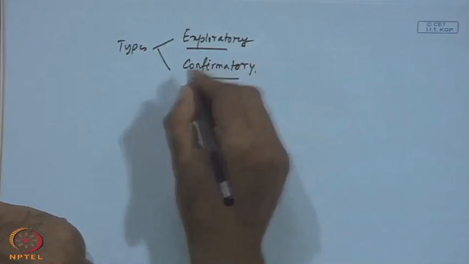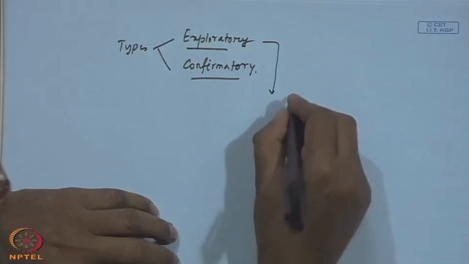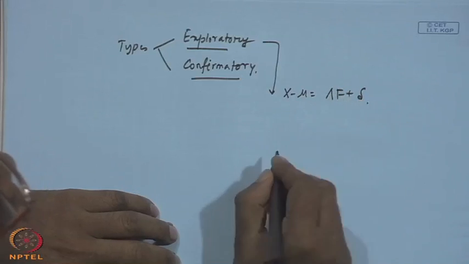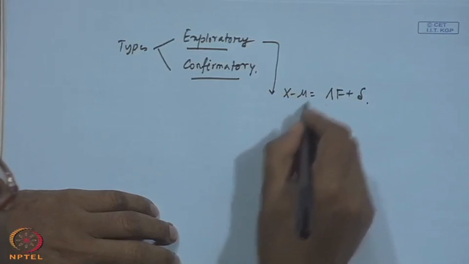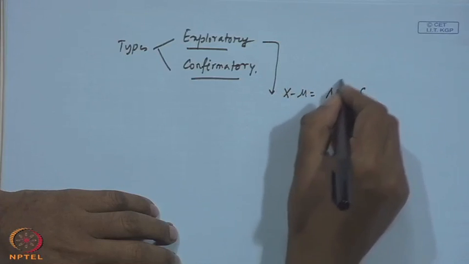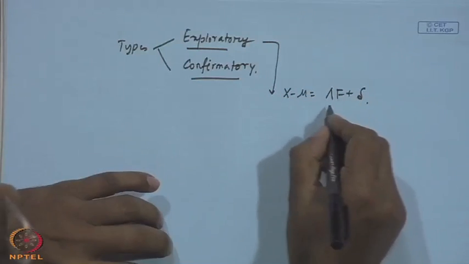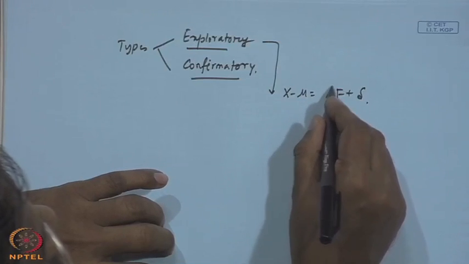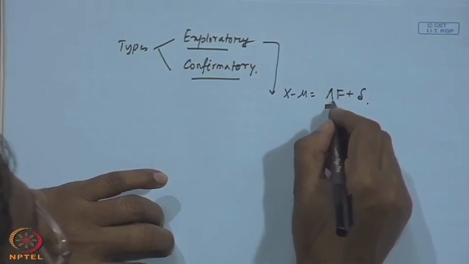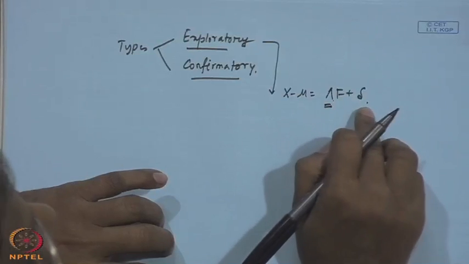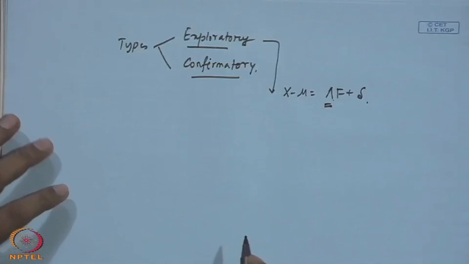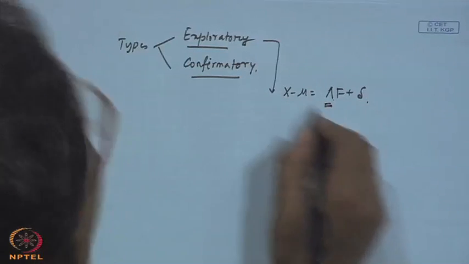See, in the first case, we are saying that x minus mu equal to lambda f plus delta. Here we have taken all x and all f connected together because of this capital lambda matrix. Because of this capital lambda matrix we have connected both. That means, what I am trying to say is something like this.